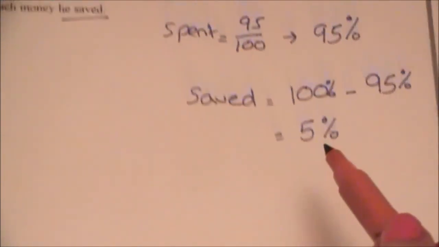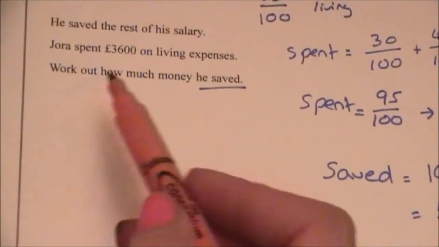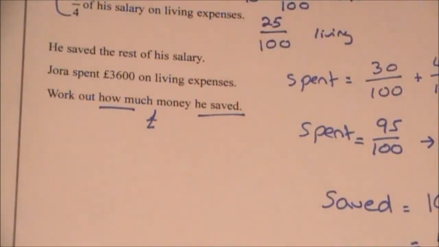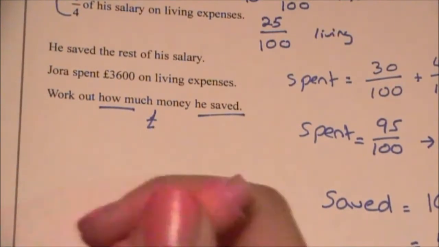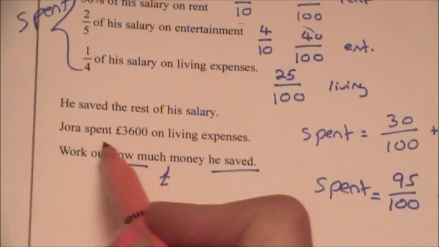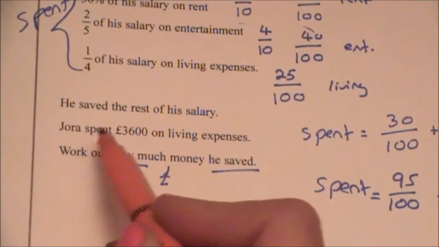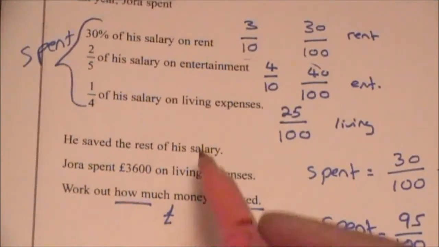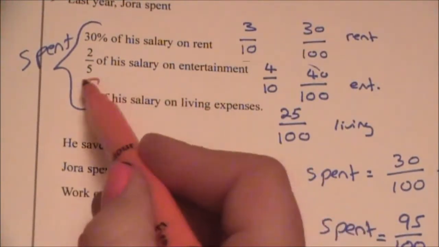Now, that's great proportionally, but I want to know how much money he saved. So at some point, I need to calculate an amount. Now, the only information I have about an amount of money is here. Yora spent £3,600 on living expenses.